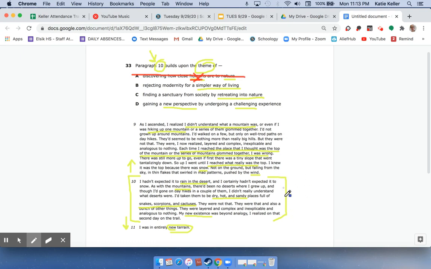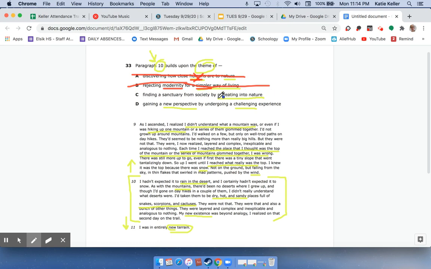When we look at paragraph 10 in answer choice B, never does she talk about living a more simple life. And she also never contrasts it to modern life, like for example, cell phones and computers, that kind of life. She never does that. So here we can eliminate B. C, finding a sanctuary from society by retreating into nature.